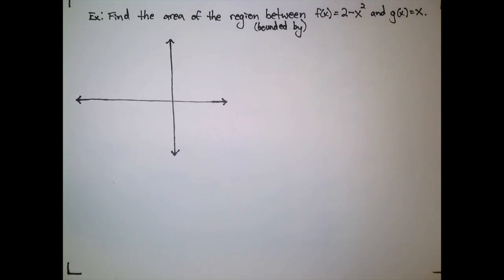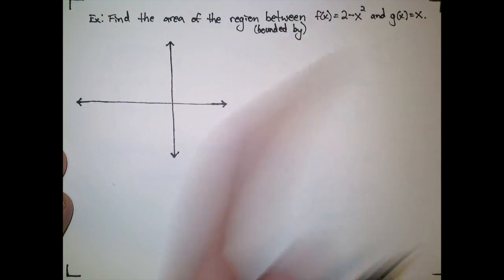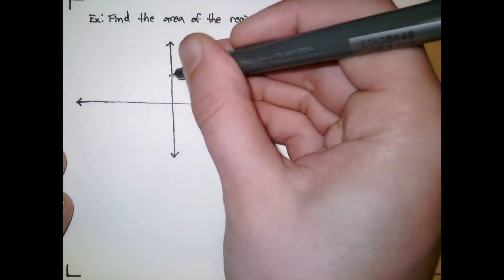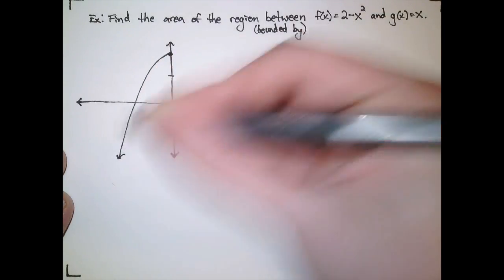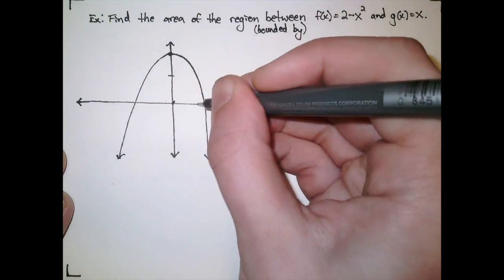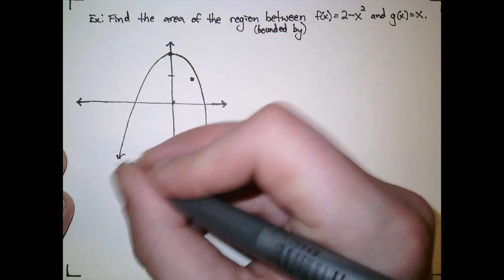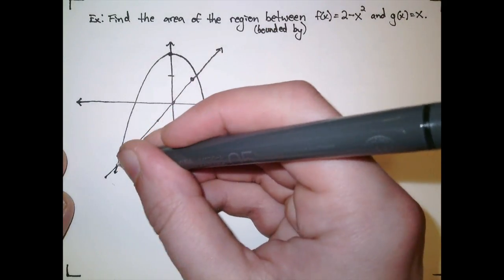Our first example in this is to find the area of the region between f of x equals 2 minus x squared and g of x equals x. So what we're going to do, I'm just going to draw a quick sketch of these. If you encounter a problem that's set up like this but they don't give you a graph, I would really encourage you to get a graph yourself, either by using your calculator or drawing one by hand.